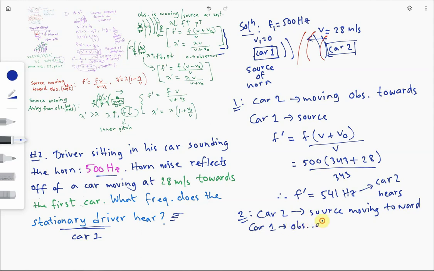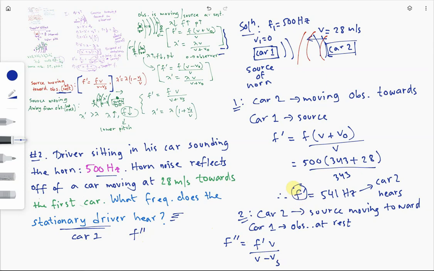Now for a source moving towards an observer at rest, the formula for frequency is this one right here, and let's call the new frequency, the frequency that this car hears, f double prime. f double prime is equal to the source frequency, and the source frequency is f prime, remember car 2 is the source, so f prime times the speed of sound over the speed of sound minus the speed of the source.